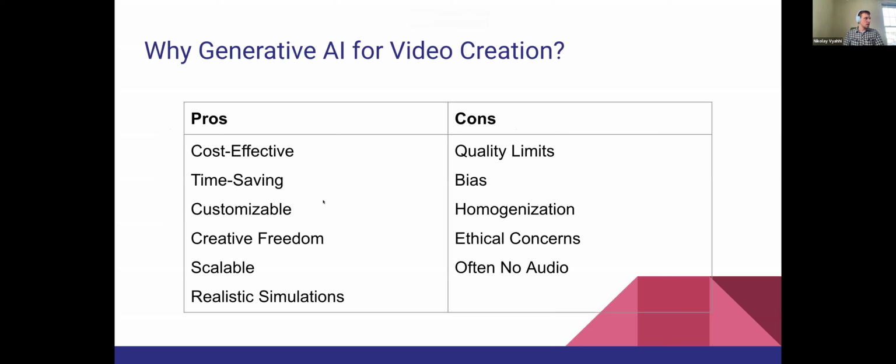So reiterating on it, and also on some cons: the process of generating video is cost effective, it's time saving, so it's fast. From idea to the video, it takes a few minutes, not days, not weeks, not years. It's highly customizable, so you can specify exactly what you need.